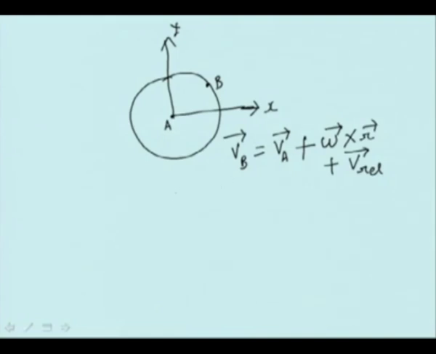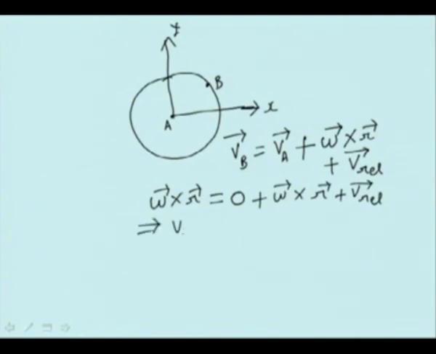VB in this case is equal to omega cross r, because the absolute velocity is known to be omega cross r, which is equal to 0 velocity plus omega cross r plus VL, which gives us VL equal to a 0 vector.